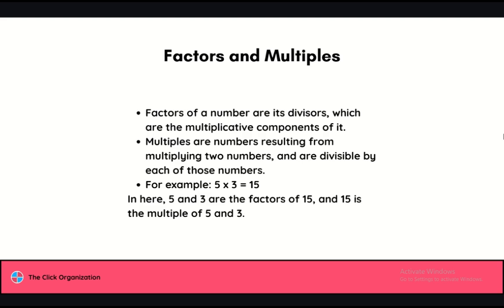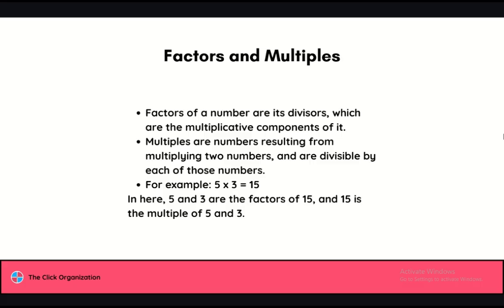If it makes the other number be divided completely, then the remainder will be 0, and if partially, the remainder will not be 0. It will be some other number. So yes, this is it for factors and multiples.